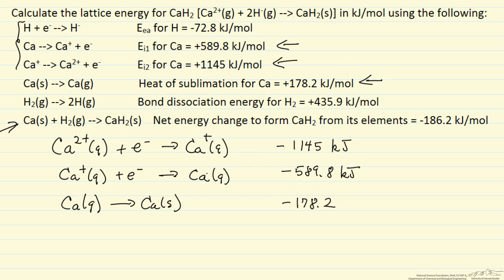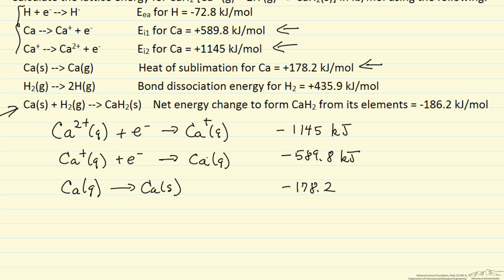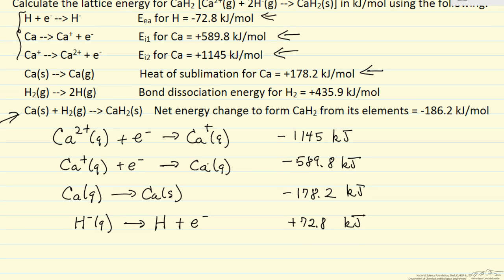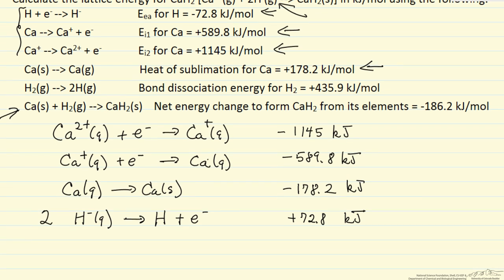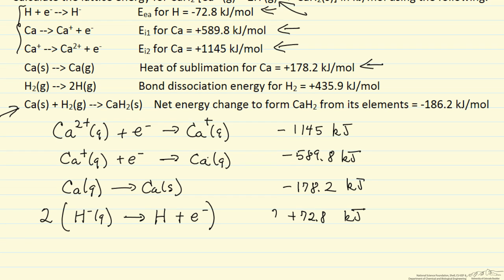Next, we're going to take H minus in the gas phase, since that's reactant, and make it H plus an electron. So that is reverse of this reaction, so this is plus 72.8 kilojoules. And then because we have 2 hydrogen ions in this original reaction, we're going to multiply this by 2, which means we need to multiply delta H by 2.